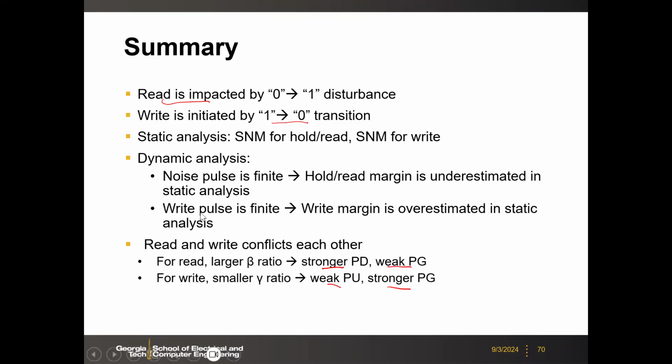But on the other hand, the write operation, the write margin is overestimated in the static analysis. Because in the real operation, your write pulse, which is the word line being turned on, that duration is very short, right? That depends on the clock frequency. So you have to make sure that the word line is long enough, therefore you can flip the data.